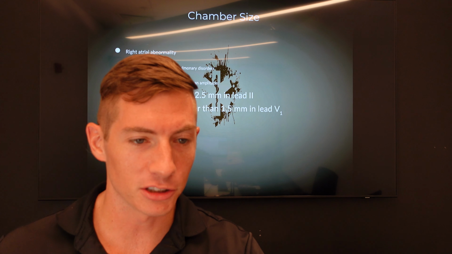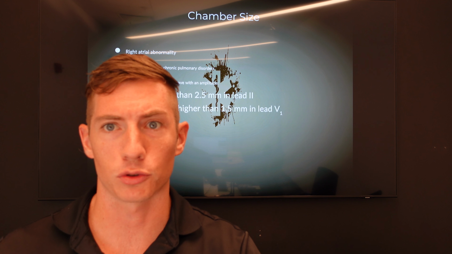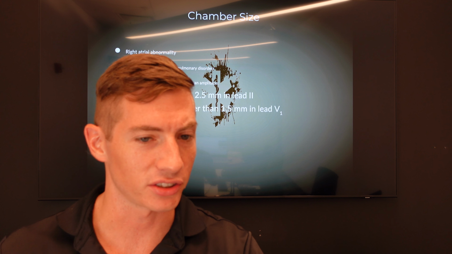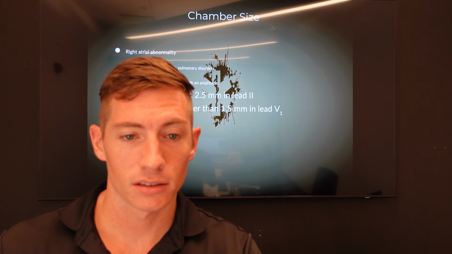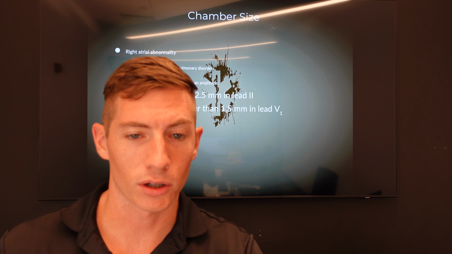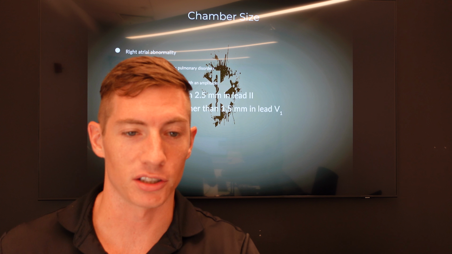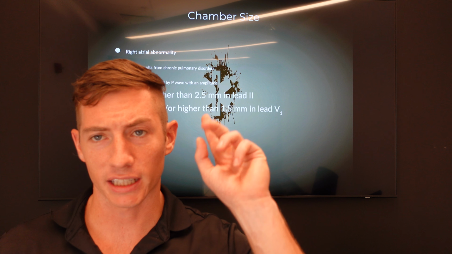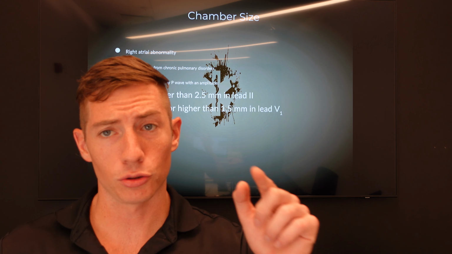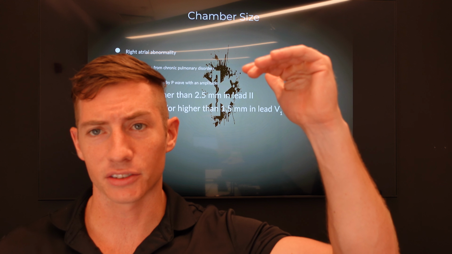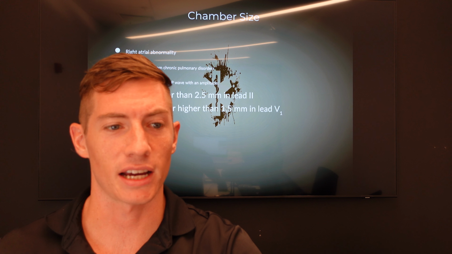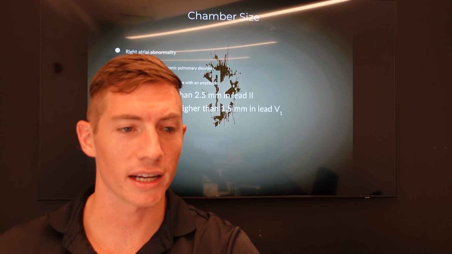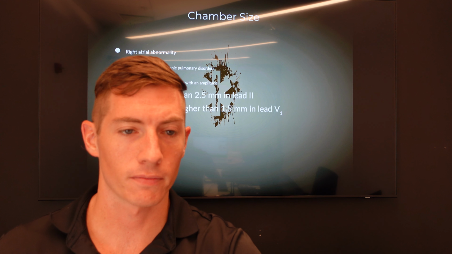You've got 2.5 millimeters in one of 12 leads, but you have to know specifically which leads. So in this case, lead 2 and or higher than 1.5 millimeters in V1. So we're looking at lead 2 and V1. 2.5 millimeters higher in lead 2, 1.5 millimeters higher in V1. Somehow memorize that, and that's going to mean right atrial abnormality.